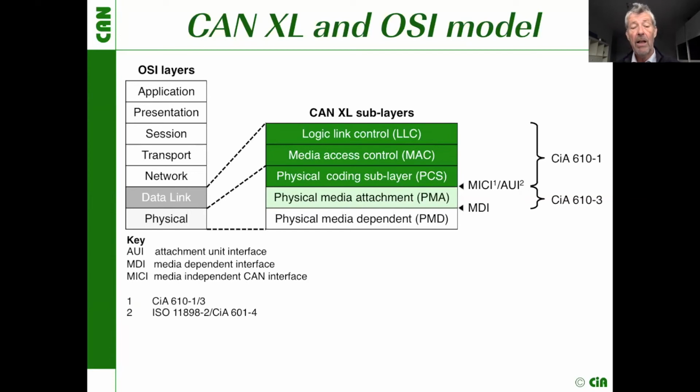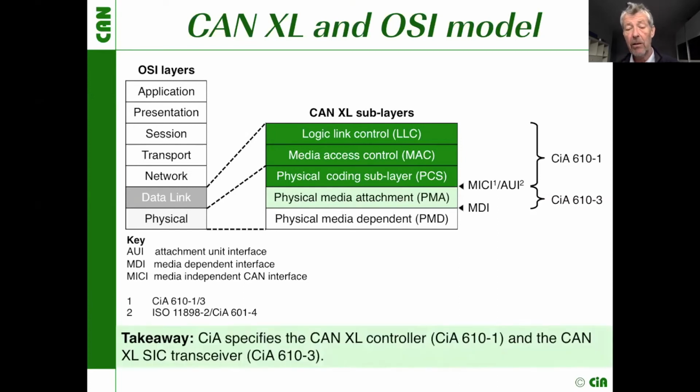And you see here, you also can use, of course, the older or the legacy transceivers, but then you have the AUI interface, which stands for Attachment Unit Interface, as you know it from CAN and CAN FD. So all the CAN XL related specifications are at the moment managed in CiA, and later on we will provide them also to ISO for international standardization.